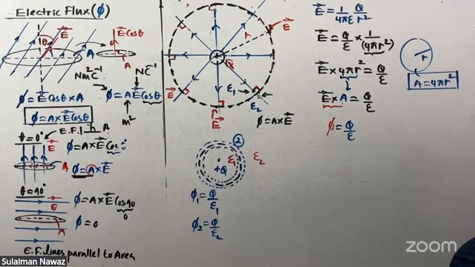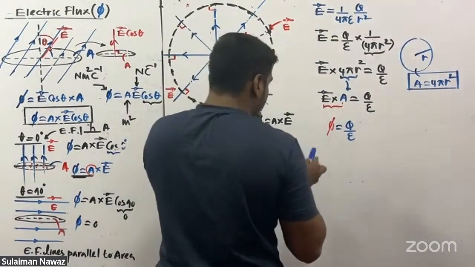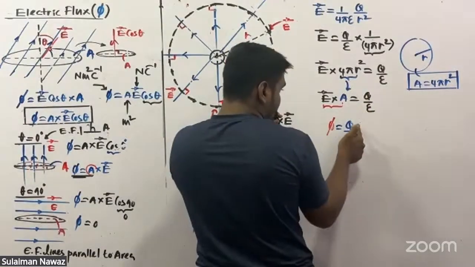Write down: the most suitable way of defining the flux is... See what they are doing. If you define flux as Q over epsilon, there are some problems.